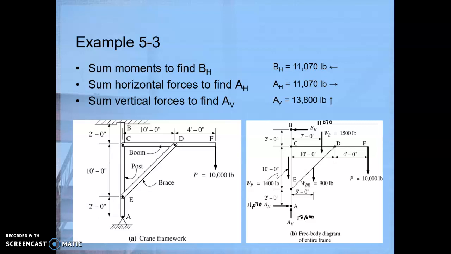The post, it's going to have potentially a vertical and horizontal reaction at C, potentially vertical and horizontal at E. I do know the reaction forces at A and the reaction at B. So I'm not going to be able to solve all of the unknown forces there right off the bat. But the post, I could see us starting at the post.